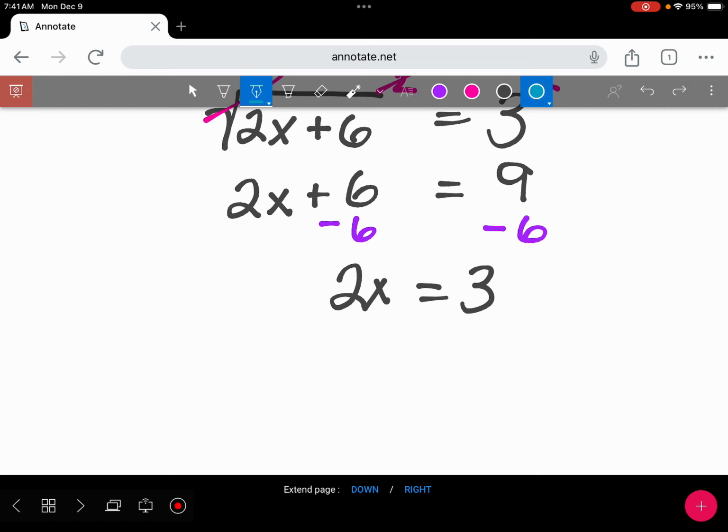How do I get my x by itself? I already did minus 6. Yep. No worries. Divide by 2. X equals 3 halves. X equals 1.5. However you want to word it. But we will sometimes wind up with fractiony answers.